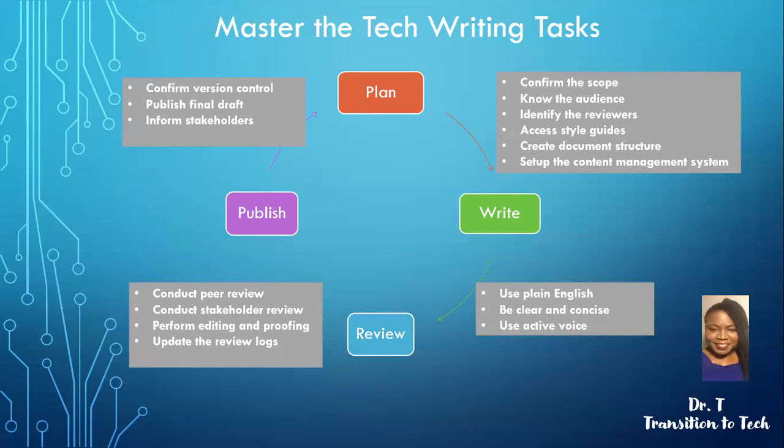So you may work with a set of stakeholders who have a deep and fairly technical vocabulary, but it's your job as a tech writer to translate that into an easy to comprehend document for your end user and your intended audience. And in that, you'll need to be very clear and concise.